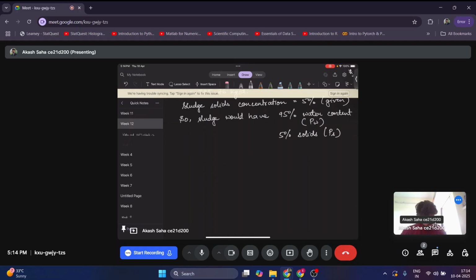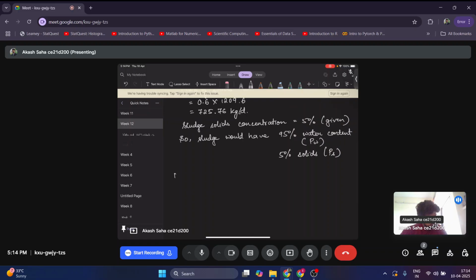So now, we know that the total mass of the sludge is nothing but mass of solids plus mass of water. Okay, the total mass of sludge will be mass of solids plus mass of water.